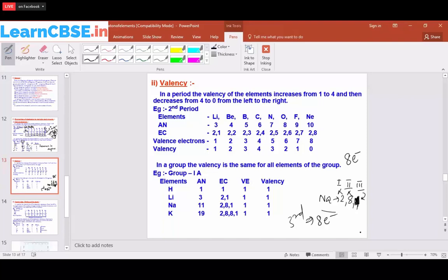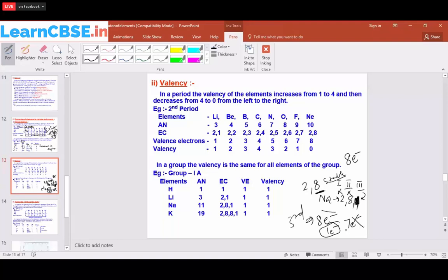The elements will choose the easiest way. So what can sodium do? It will lose the one electron. Instead of gaining 7 electrons, it is easier to lose 1 electron. This is the easiest way. Once it loses the electron, it becomes 2, 8, so 8 electrons are in the outermost shell, and that is stable.